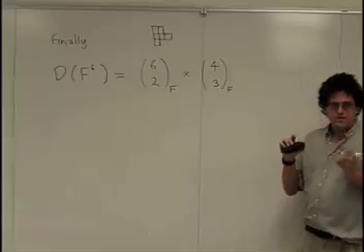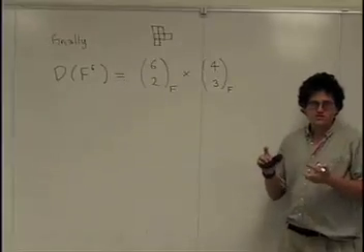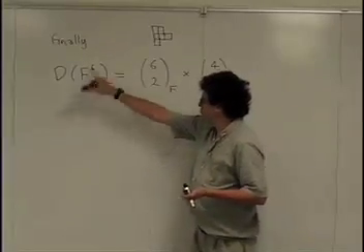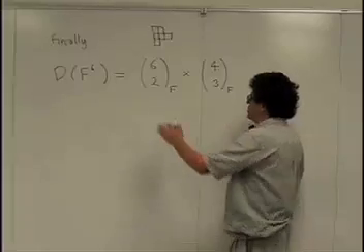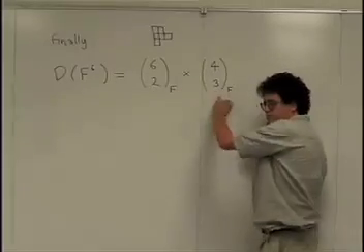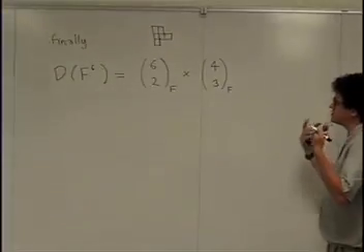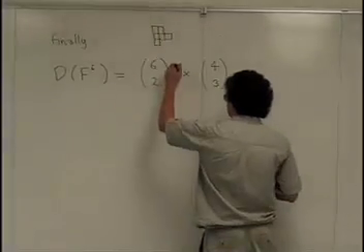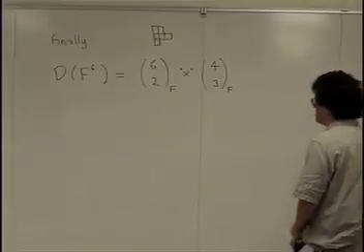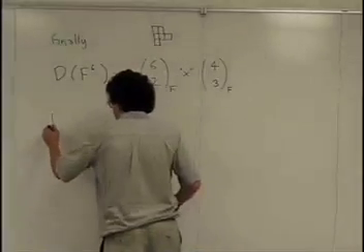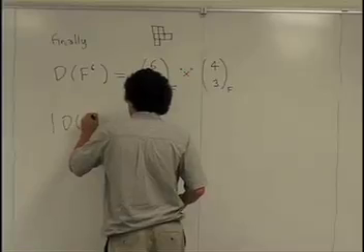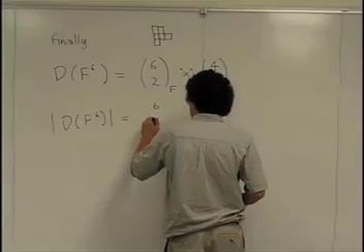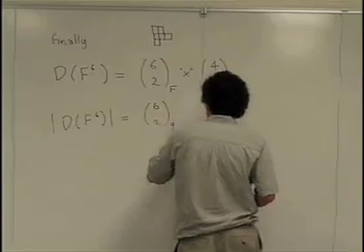If you think about fields like R and C, then Grassmannians are actually manifolds, and this manifold is going to be a bundle space. But here we're just counting things over finite fields, so we don't need to worry about it. It's some kind of twisted product, but in terms of counting, it works just like an ordinary product. So we get 6 choose 2 q times 4 choose 3 q.